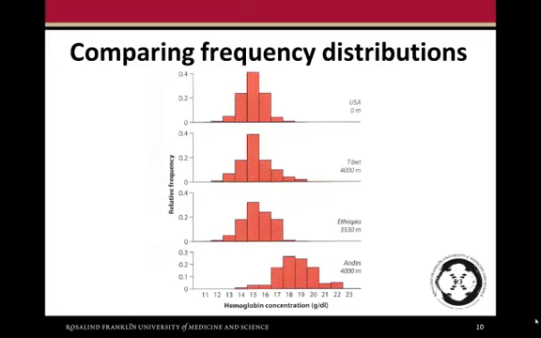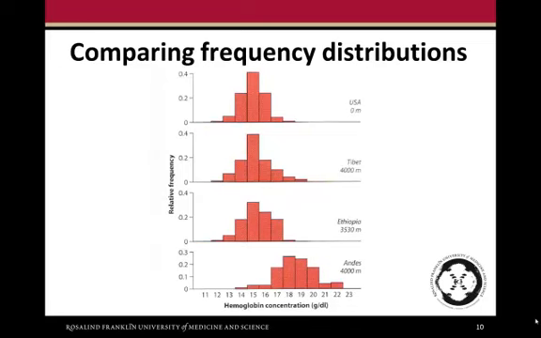So the bottom 3 are at high altitudes, and then it's just a comparison to at sea level for some men. And just by looking at these histograms, you can see that the peaks for the USA, Tibet, and Ethiopia are all around 15, and that they appear to be unimodal.